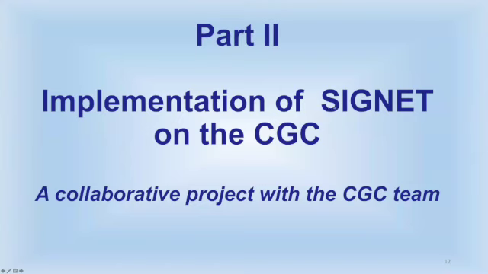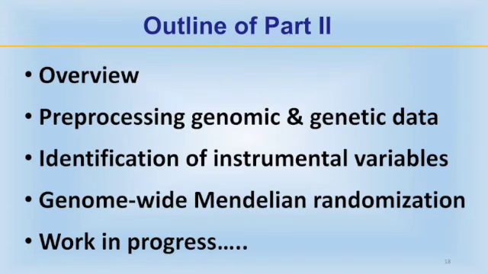This package is used to construct networks, which is very computationally intensive because it uses all the genes in the RNA-seq data and all the polymorphisms from the DNA sequence data. Here is the outline of the second part of my presentation.